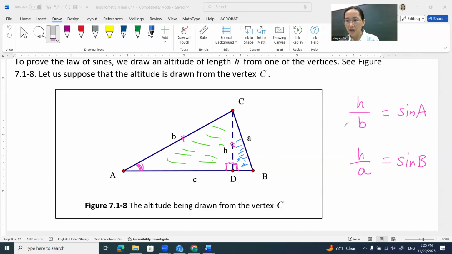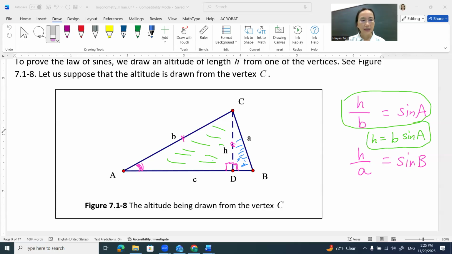And then what is H? By solving the first one, we see that H is simply b sine A.